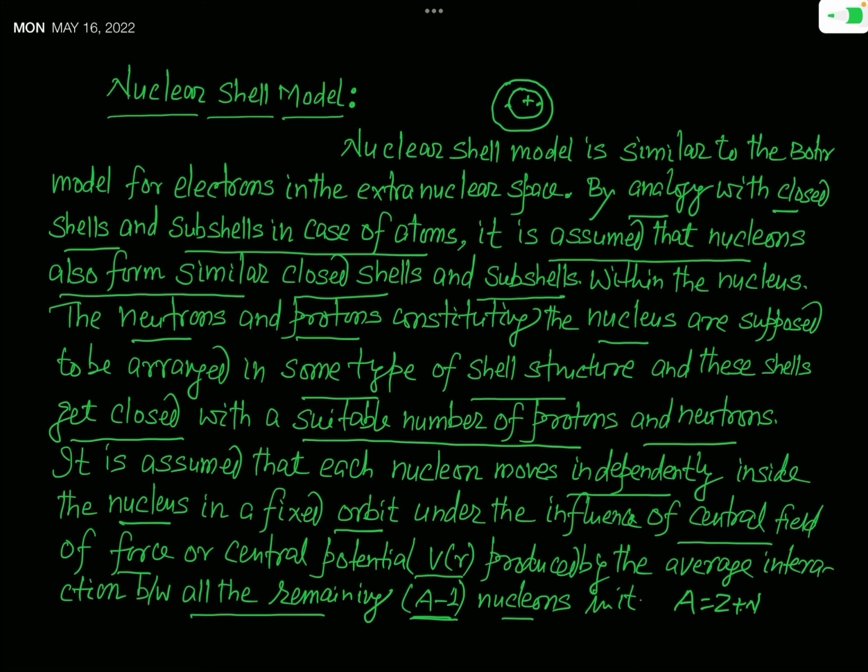The number of remaining nucleons will be A-1, because there are A nucleons in total and one is revolving in an orbit. So the remaining A-1 nucleons provide the necessary force to revolve this nucleon in the shell or subshell.